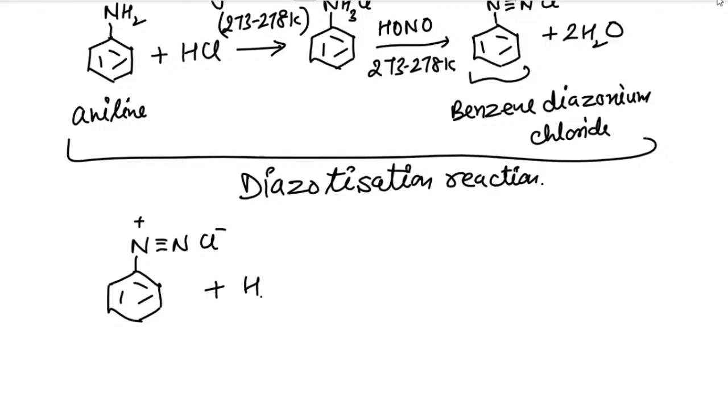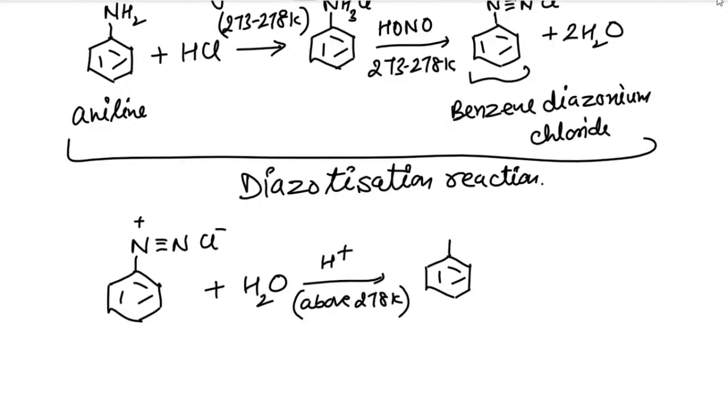See, if the temperature is above 278 Kelvin, then immediately it gets hydrolyzed and we get phenol as the product, formed along with nitrogen gas and HCl.